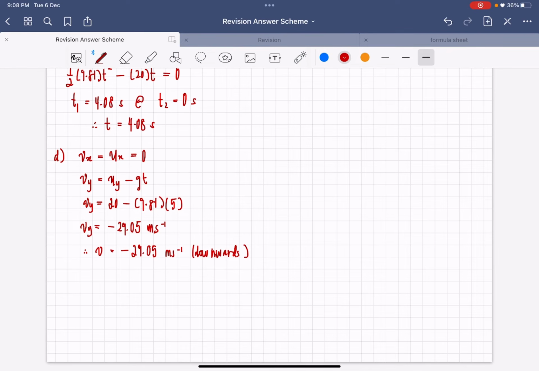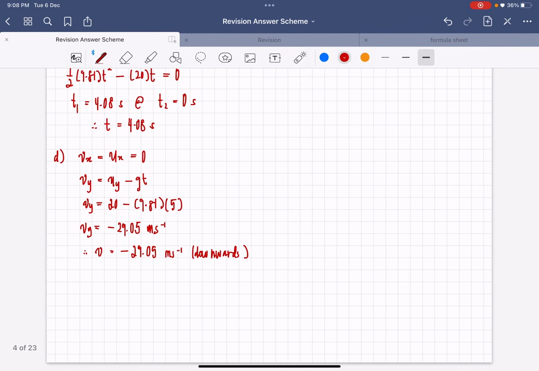Next, the position at 5 seconds. Position is displacement, and displacement is also a vector. So we have the x and y component. Since sx is equal to uxt, we know it will also be equal to 0 meter. Next, we have to find sy. So this is uyt minus half g t squared.